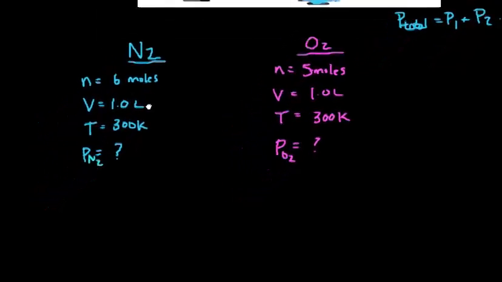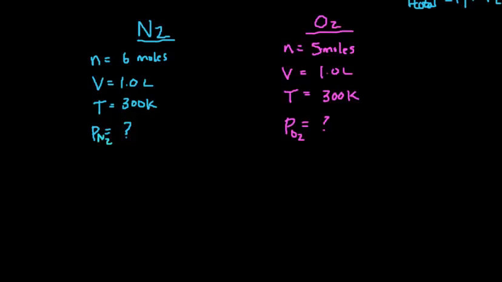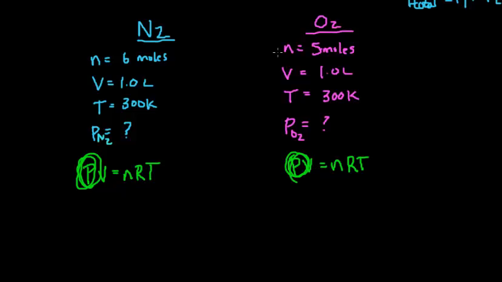And so now what you're looking at is you need to do PV equals nRT, to get the pressure here. And then over here, PV equals nRT to get the pressure here. Because you have all this information, n, V, T, and then you know R.